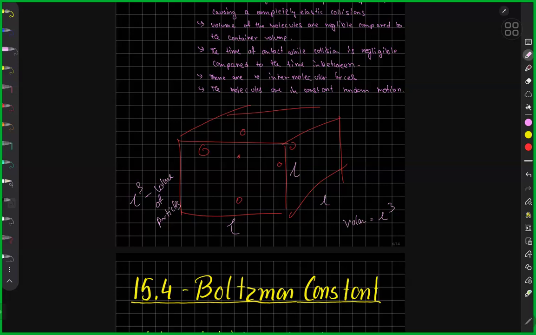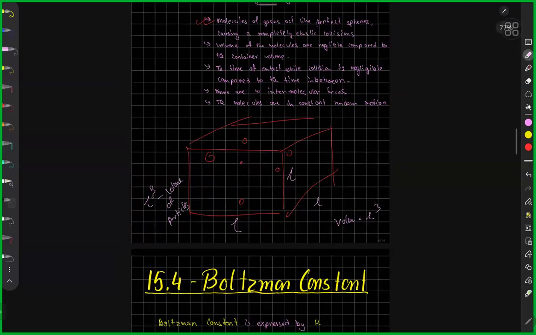But anyway, in general, we consider the volume available to the particles as L cube. But is it truly the volume available to the particles? No. Particles themselves occupy some space. How much space? 4/3 πr cube, times the number of particles, however many particles you have.